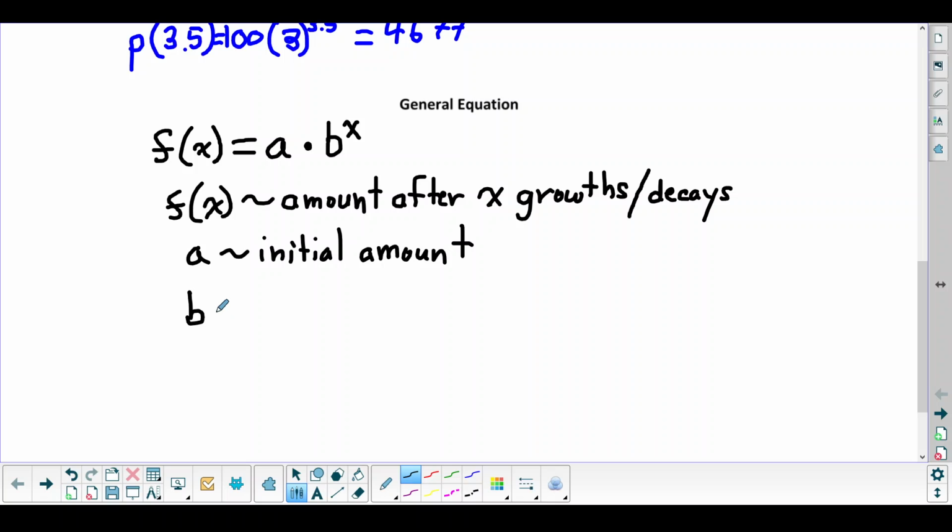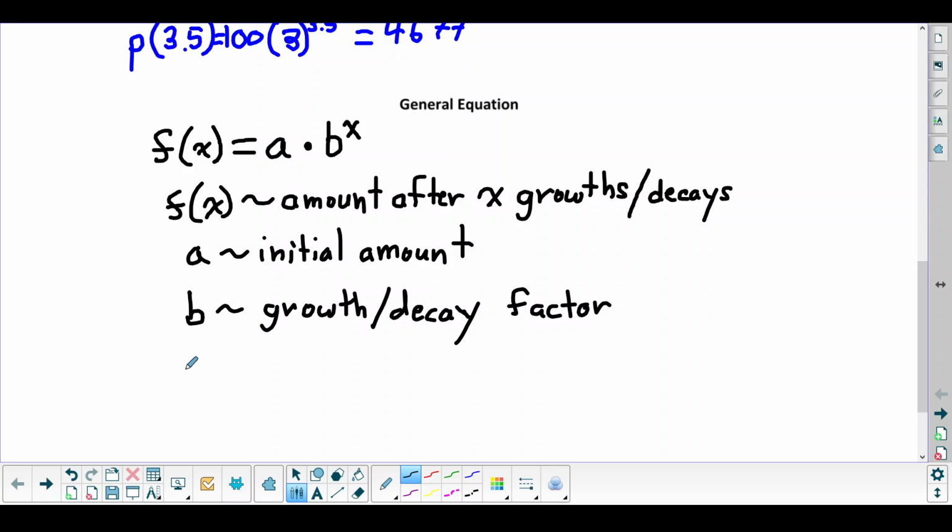B is our growth or decay factor, if we're doing a question about decay, which we will another day. This is the descriptor mathematically as to how it is growing. So in our first question, it was tripling every time. So B was 3. It's the thing that's multiplying each time.